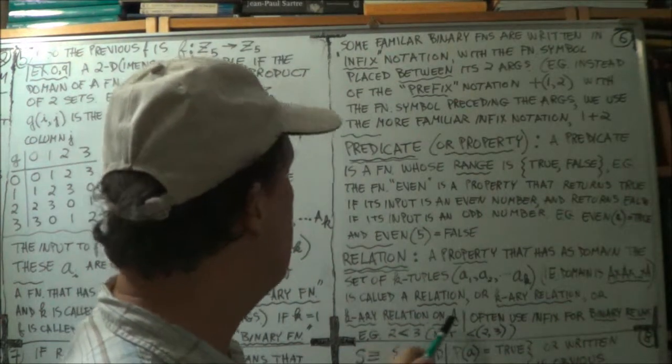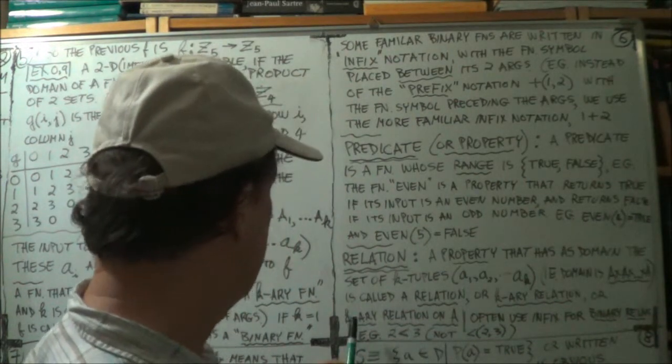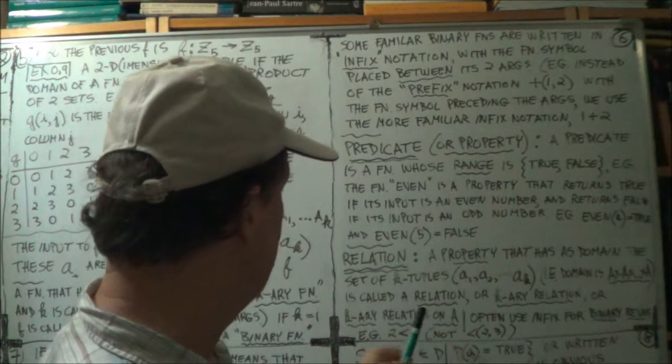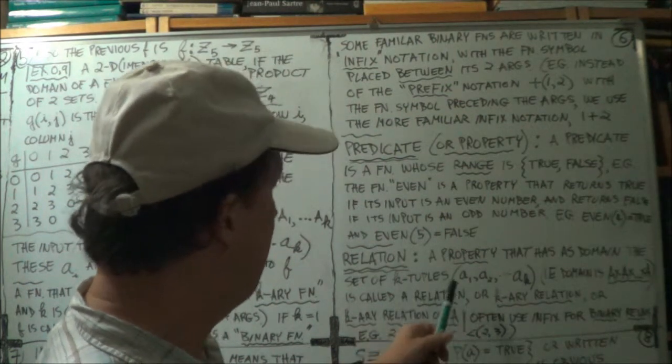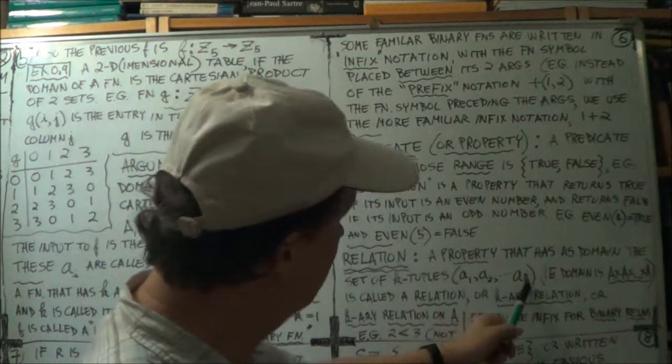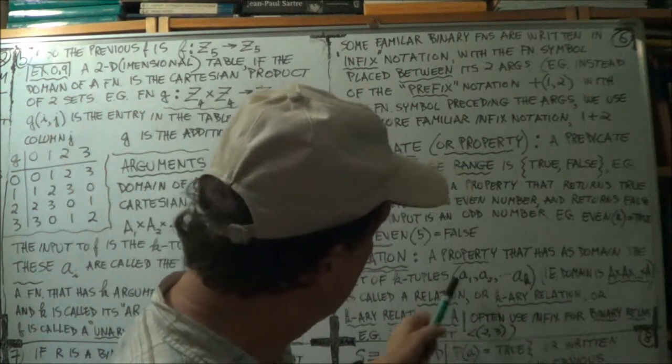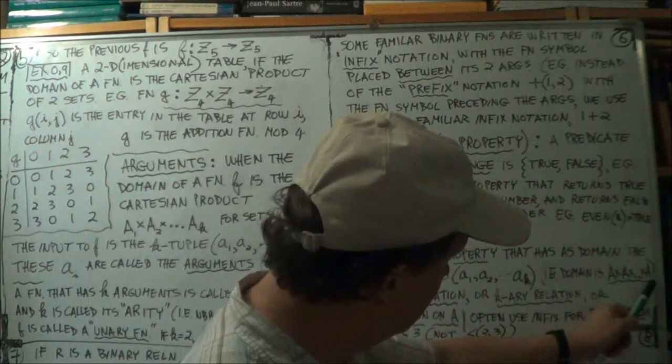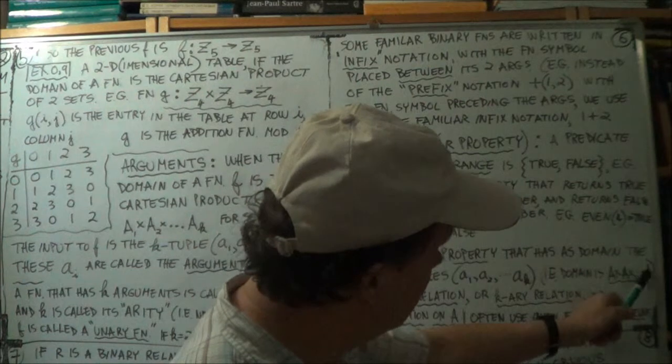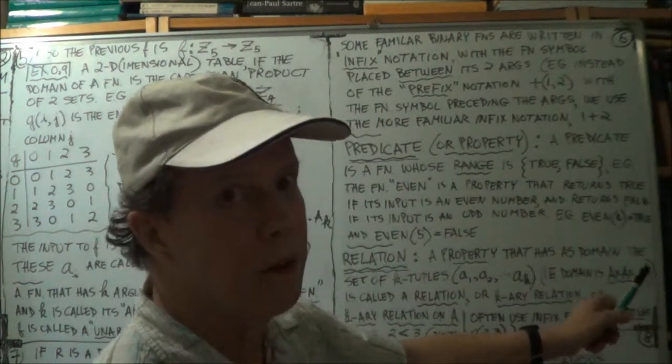Okay. Here it's made more explicit. So it's a k-ary relation. So when you have this input, which are the k-tuples of this tensor product, where they're all the same A, you don't have k different sets.